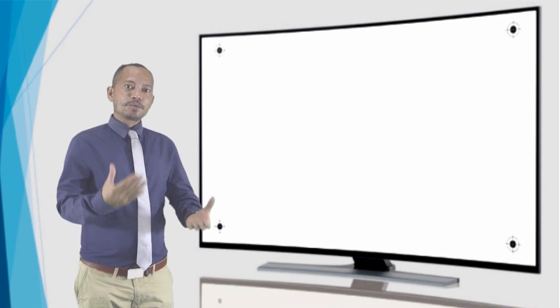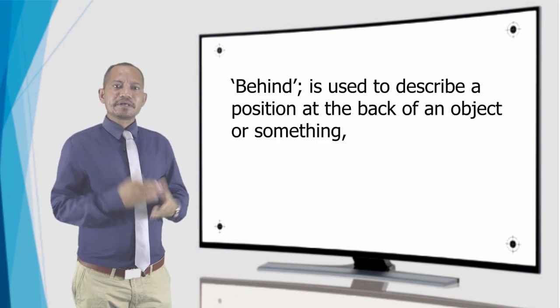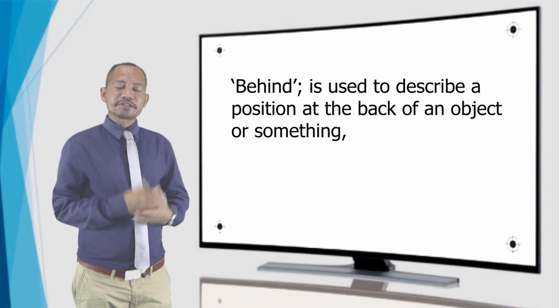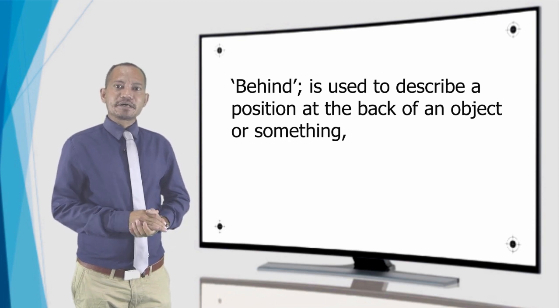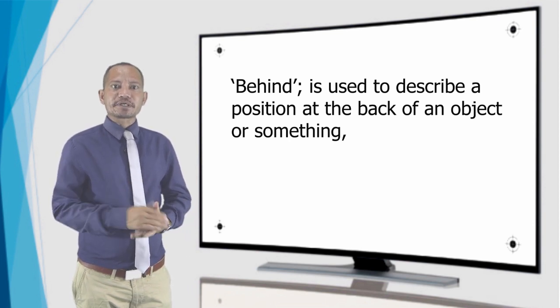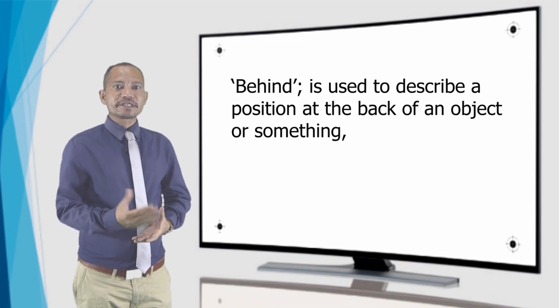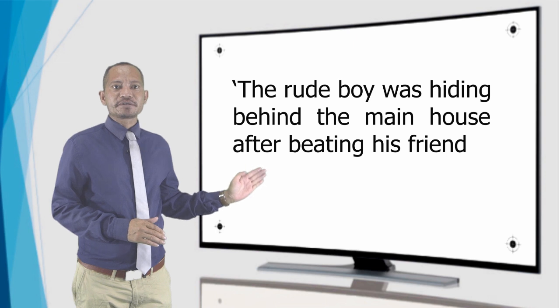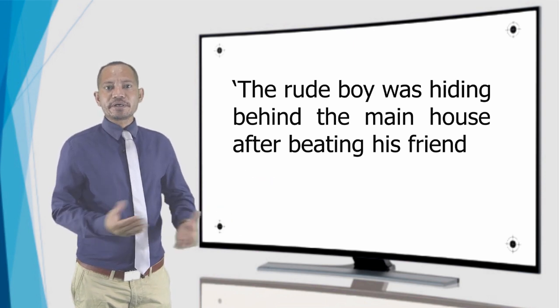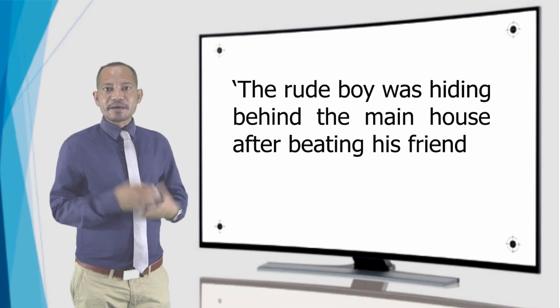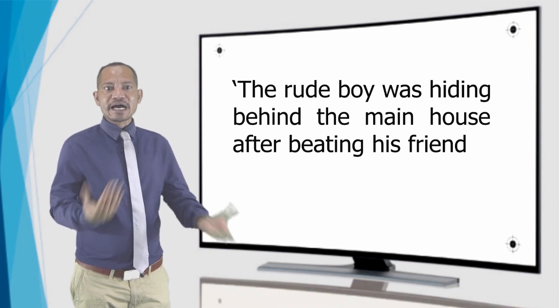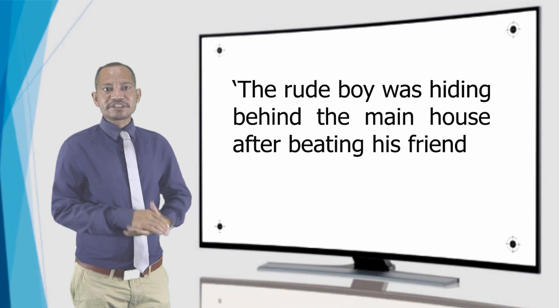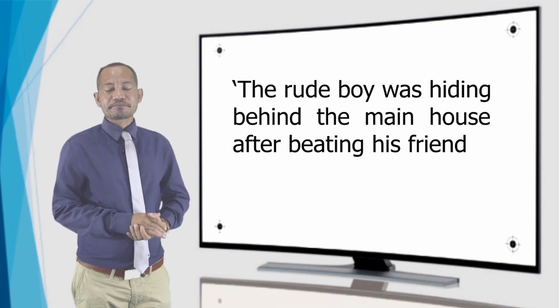Alright, and now it's the word behind. It is a preposition that describes a position at the back of an object or something. For example, the rude boy was hiding behind the main house after beating his friend. So, in here, there is a barrier that is the house, and then the position is at the back.